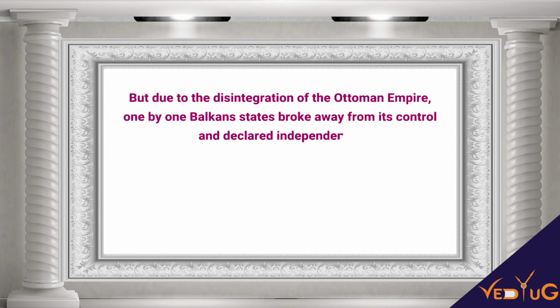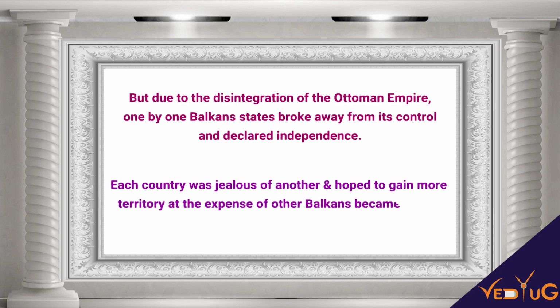These Slavic nationalities struggled to define their identity and independence. This resulted in the breaking down of Balkan states. Each country was jealous of another and wanted to capture more territory. Because of all this, the Balkans became an era of intense conflict.